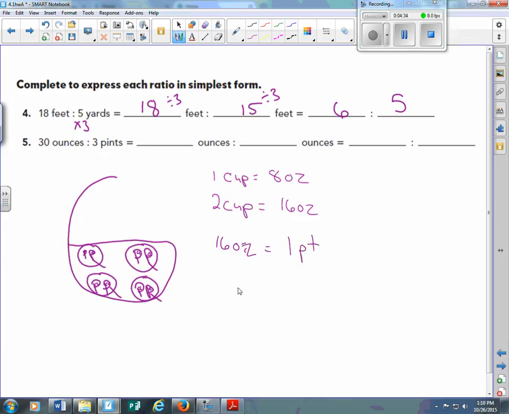So if we have 3 pints, we would have to multiply 16 by 3, and we get 48 ounces. So we know that 30 ounces to 48 ounces. Okay, now we have to put it in simplest terms, and I would divide both of these by 6. Divide 48 by 6, and we get 8. And the other one is 5.